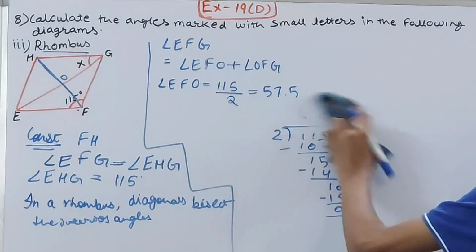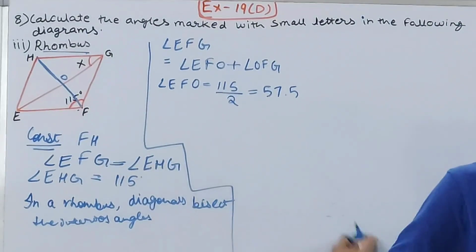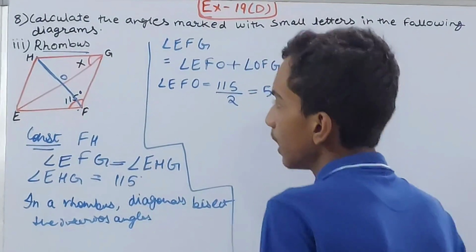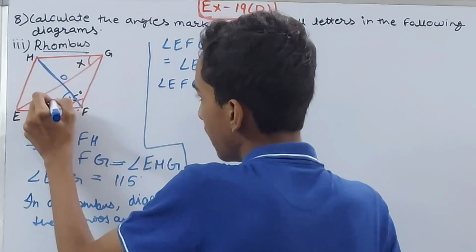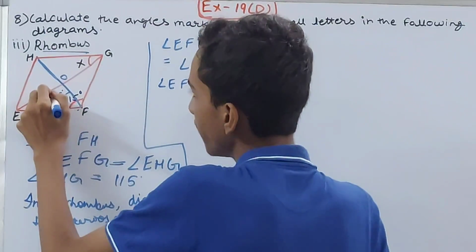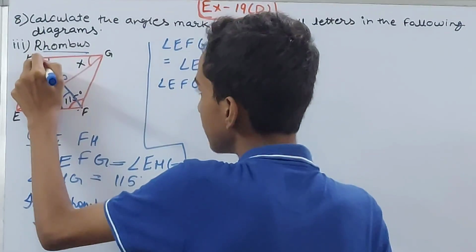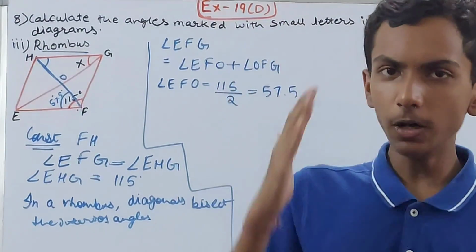That's correct. Therefore this whole is 115 and this part is 57.5 degrees. So this angle, will it not be equal to this angle? Tell me, yes or no? Because it is alternate.